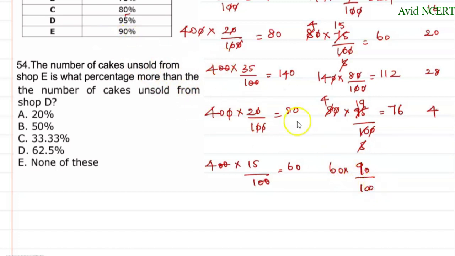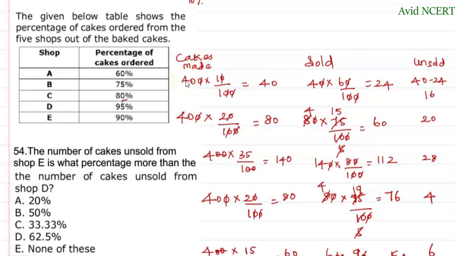Again, you can follow the same method: 100% is 60, so 10% is 6. So 60 minus 6 is 54. Or you can do 6 times 9 is 54. Anything is fine. So 60 minus 54 equals 6, which means 6 cakes are left unsold here. So now we have the data for shop A, shop B, shop C, shop D and shop E.